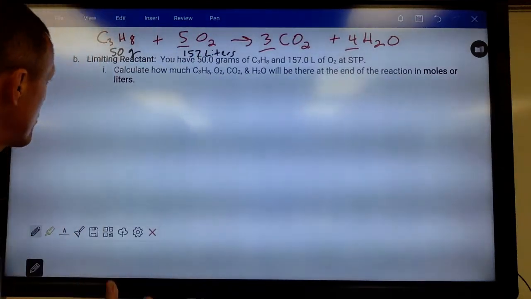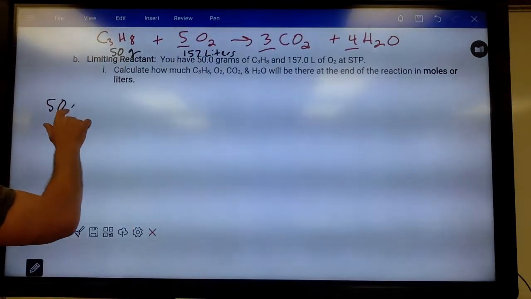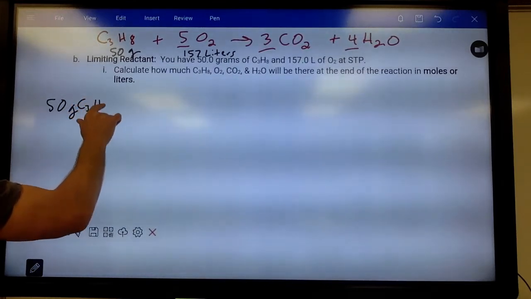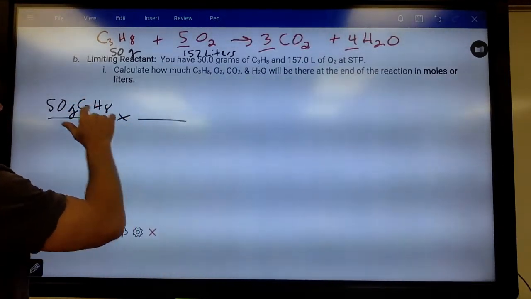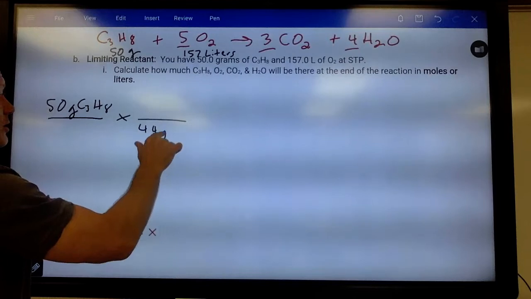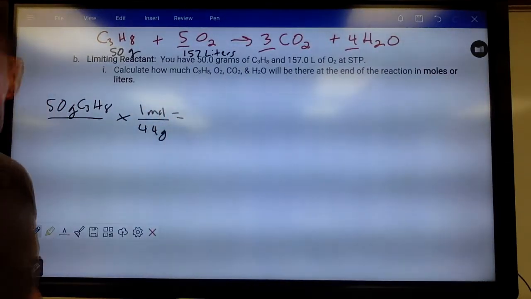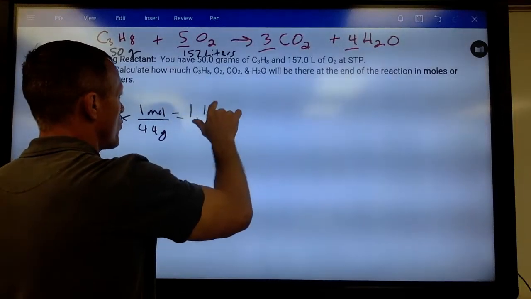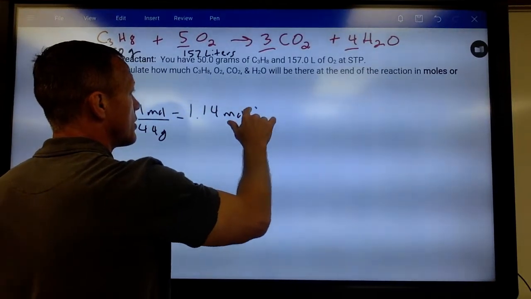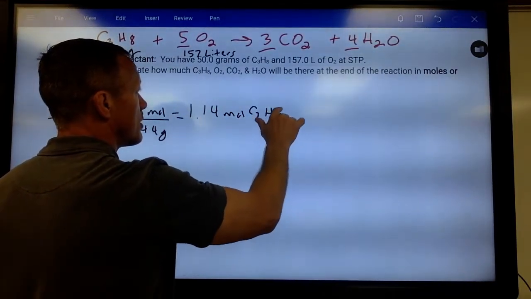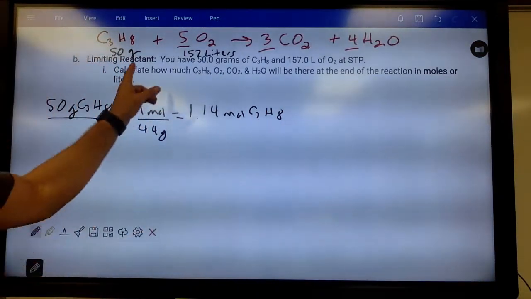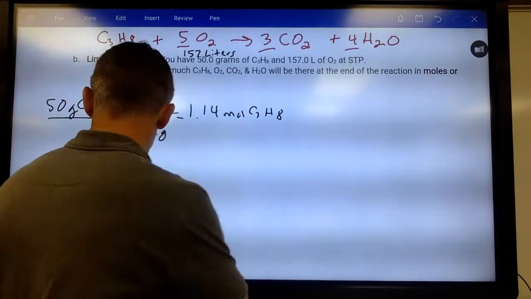So let's take our 50 grams of C3H8. Again, from the periodic table, it's 44 grams per mole, and for propane that is 1.14 moles. Do the same thing with oxygen, but it is 157 liters.